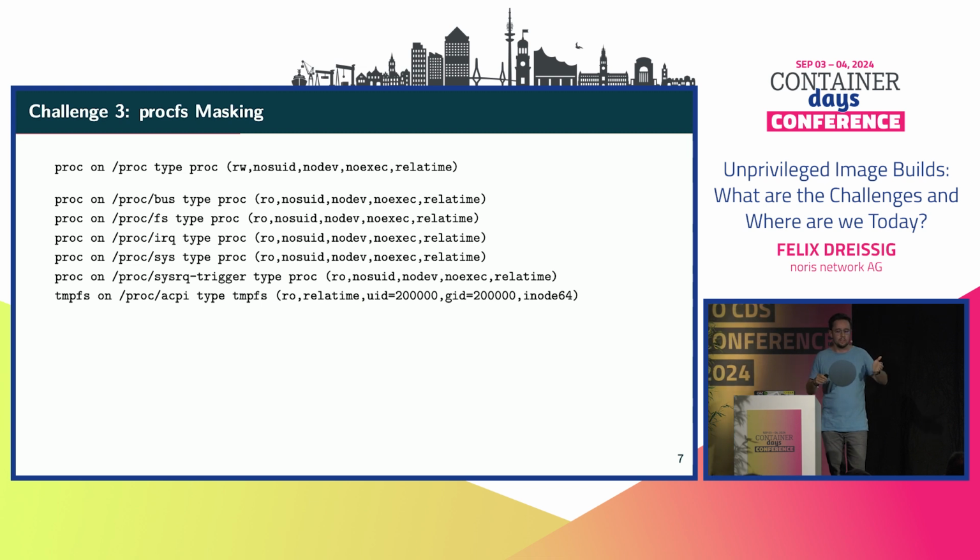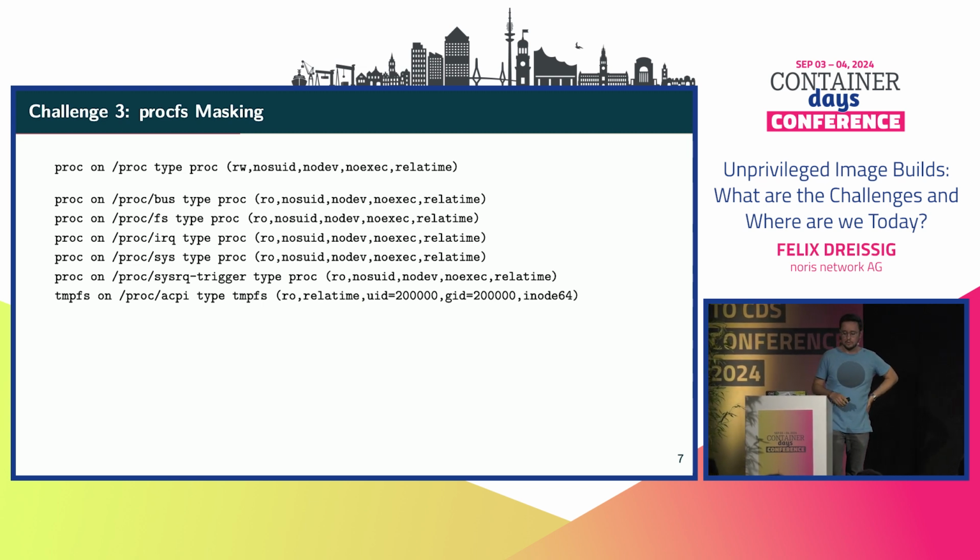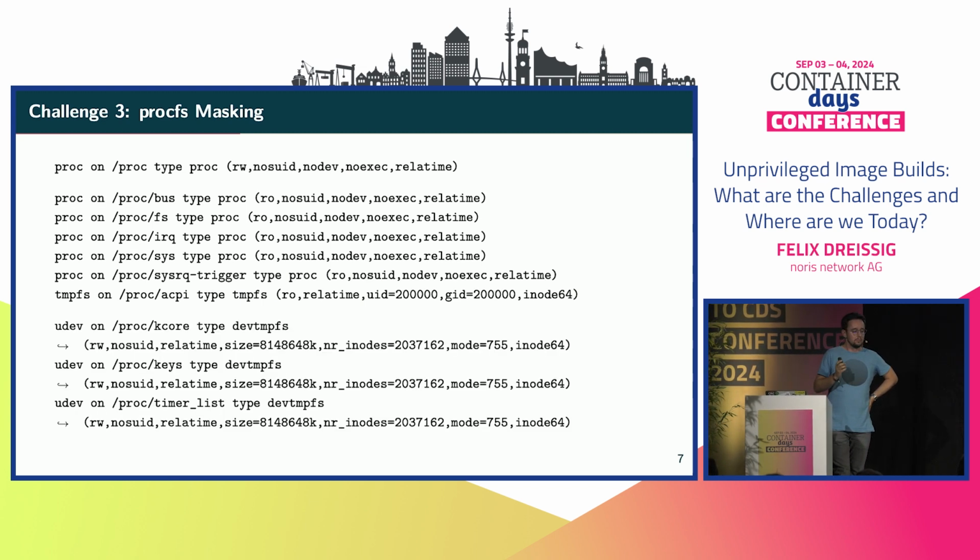You don't want this, and that's why this is mounted as read-only above the regular rootfs, so that you can't write to it. And then it gets even worse, because we have some files which you don't even want to allow to read. For example, proc kcore would give access to the whole system memory. And these are then completely hidden. Something's mounted over them, so you can't access them anymore.